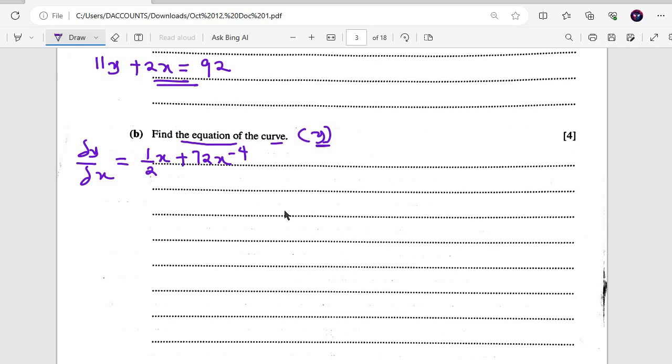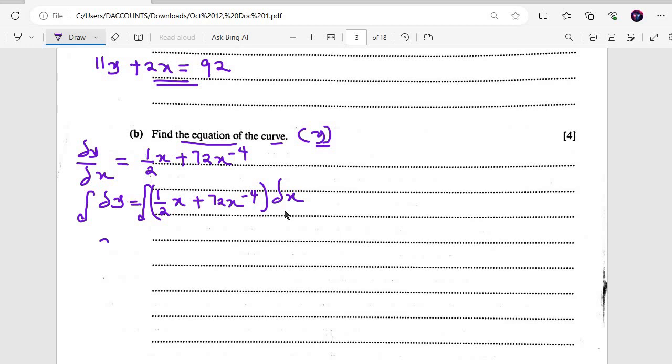If given dy/dx, to get y you have to integrate both sides. How do you do that? Cross multiply, such that dy is half x plus 72x raised to the power minus 4 dx. Then integrate both sides. That's how to get y.